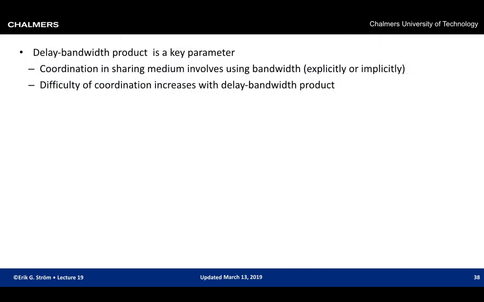The delay bandwidth product is a key parameter because when we want to coordinate sharing of the medium, we need to use the medium to do this, and the more delay we have, the more difficult it is to do this in a good way.